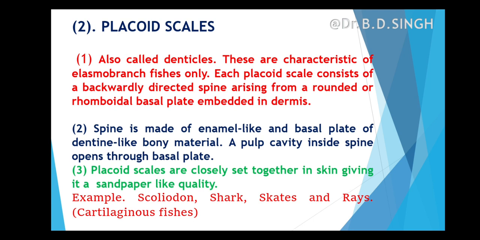Point number 2, a spine is made of enamel-like and basal bony materials. A pulp cavity inside the spine opens through the basal plate. Point number 3, placoid scales are closely set together in the skin, giving a sandpaper-like quality. Example: Scoliodon, shark, Scatus, and rays, cartilaginous fishes.